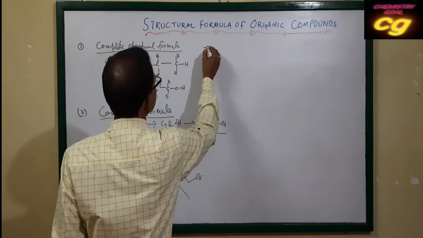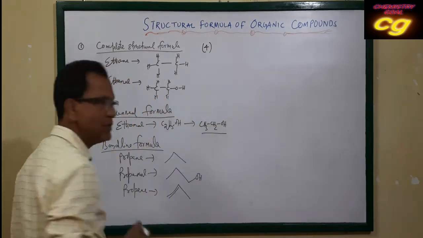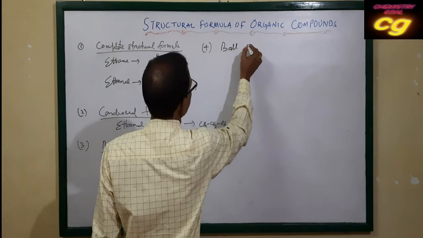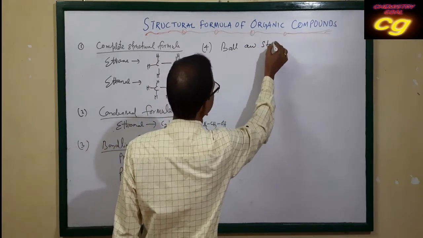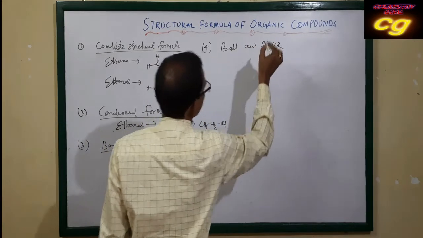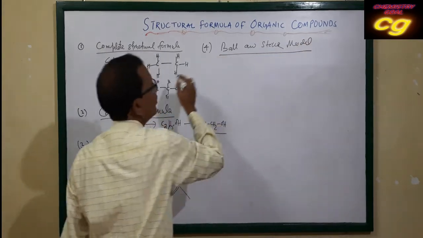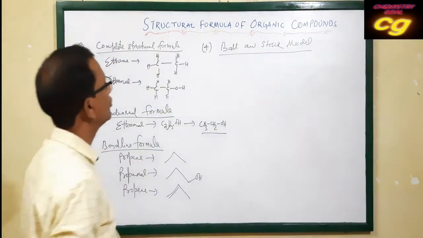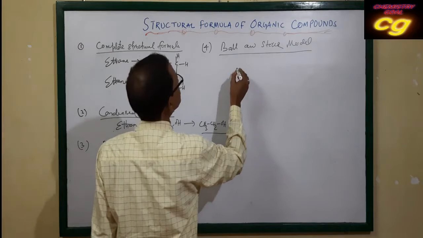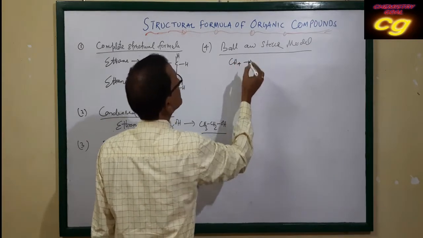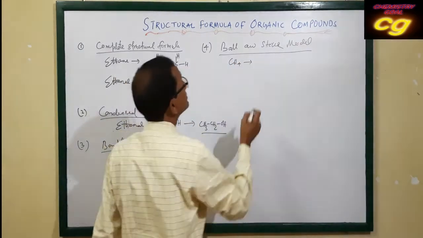Then an important structure is the 3D representation, the ball and stick model. Ball and stick model means you have to show the molecule in three dimensions. Suppose methane, CH4, is written in 3D form.